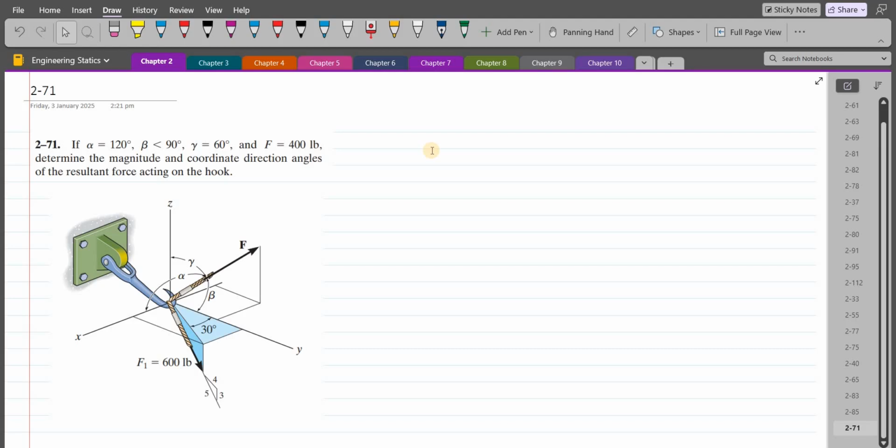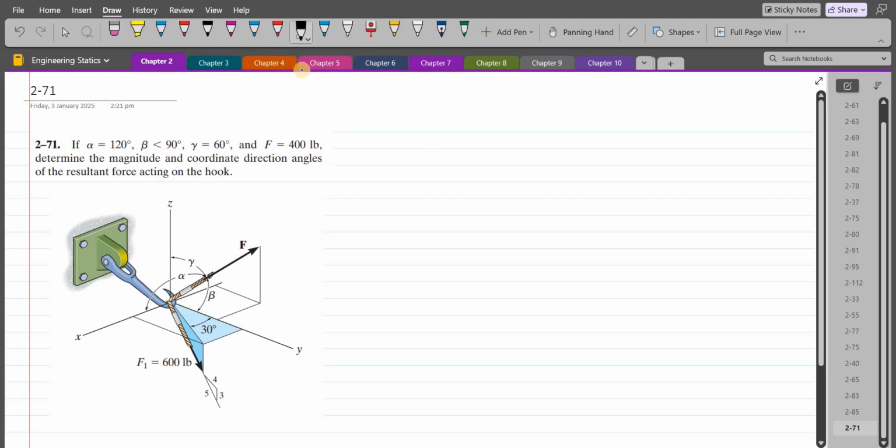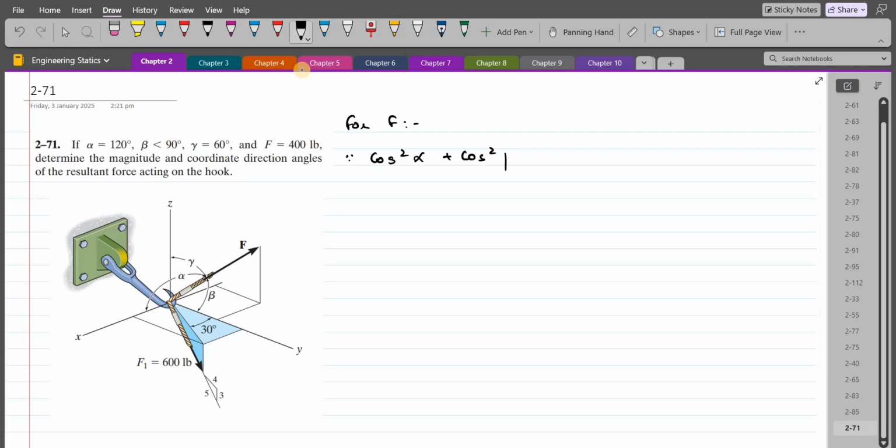Now to solve this problem, first of all, we have to express each of the forces in Cartesian vector form. So for force F, we have to find one of its coordinate direction angles, which is the angle beta. If you recall, we have this identity: cos square alpha plus cos square beta plus cos square gamma equals 1.